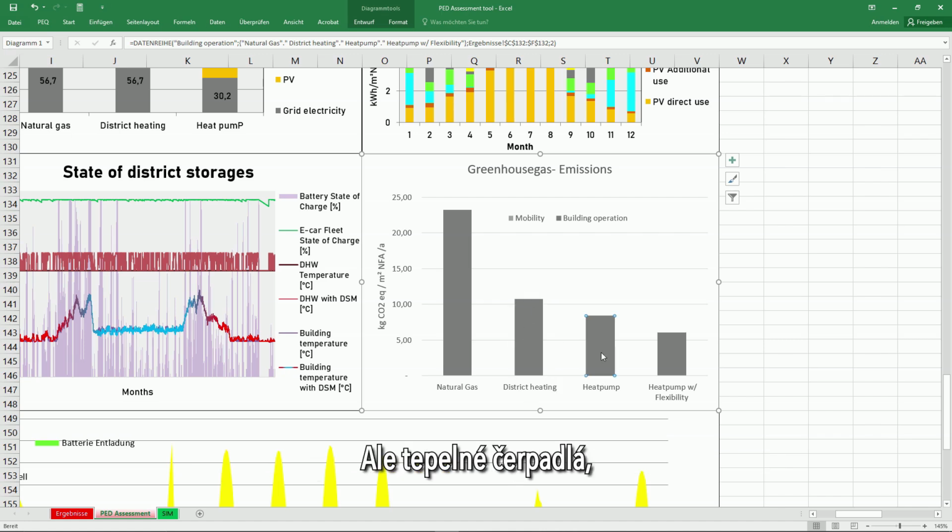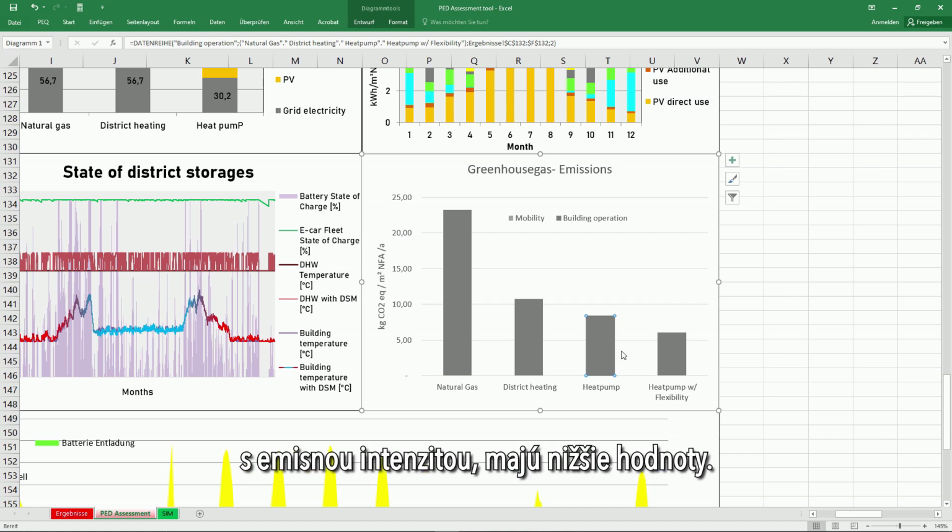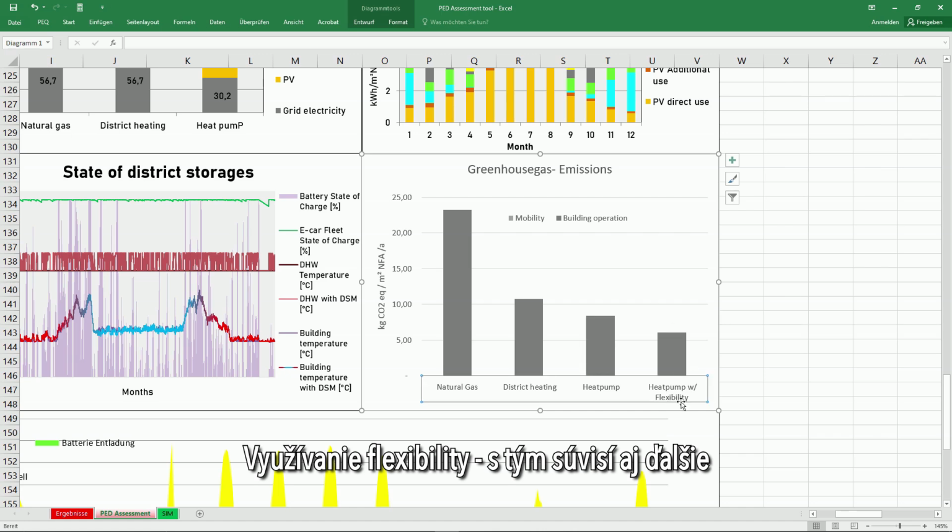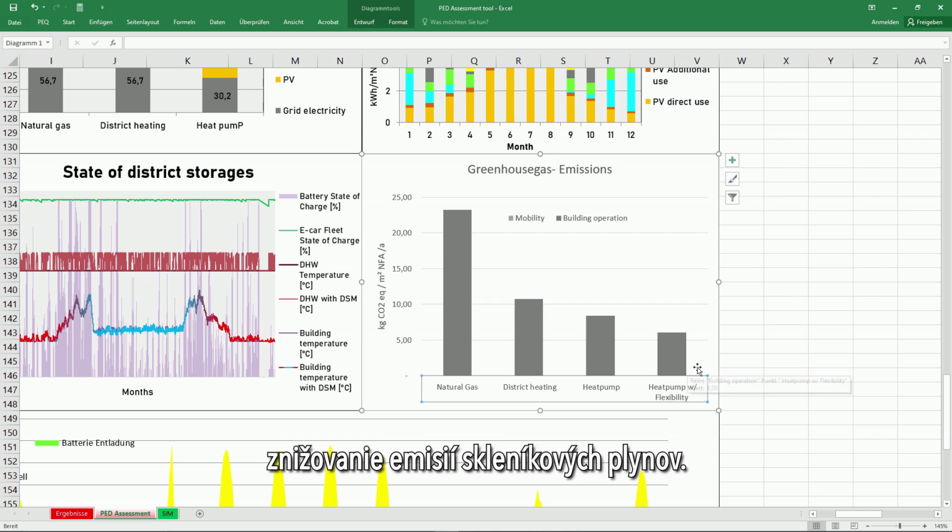But the heat pumps, even though they're using the Austrian power grid, have lower emissions than that, because the emission intensity of the power grid is lower, and using flexibility with that decreases the greenhouse gas emissions even further.